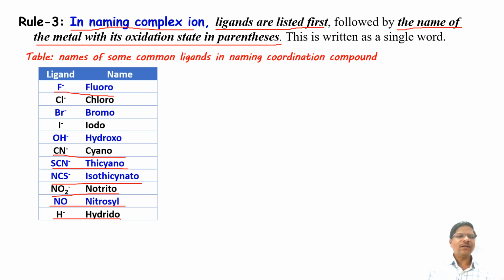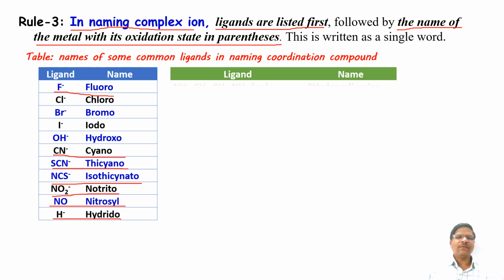Now we have thiocyanate, SCN-, thiocyano. While NCS, where nitrogen is the donor atom, isothiocyanato. So you have to remember this special case. If sulfur is the donor atom, thiocyano. If nitrogen is the donor atom, isothiocyanato.